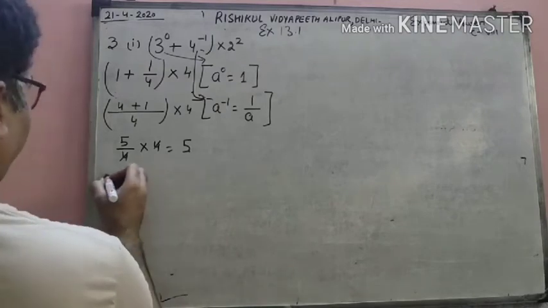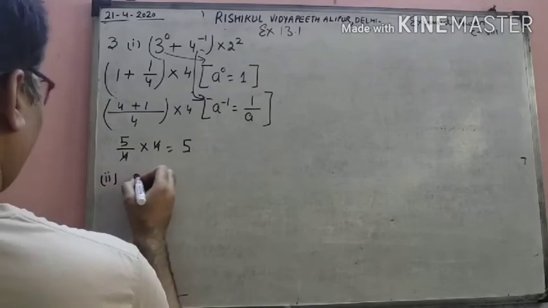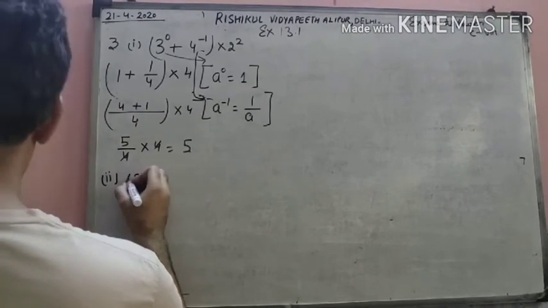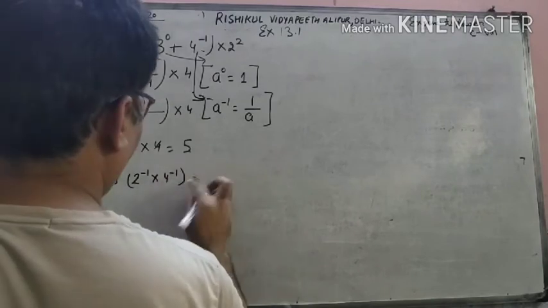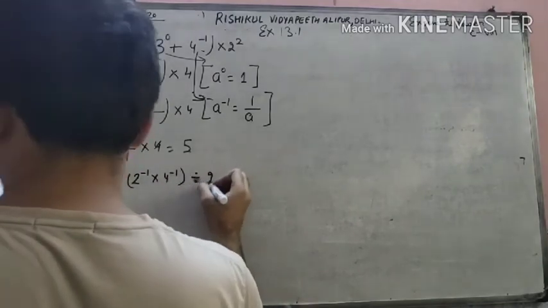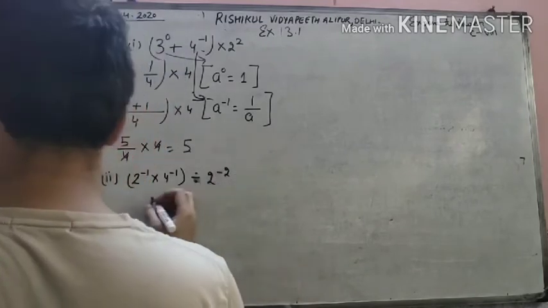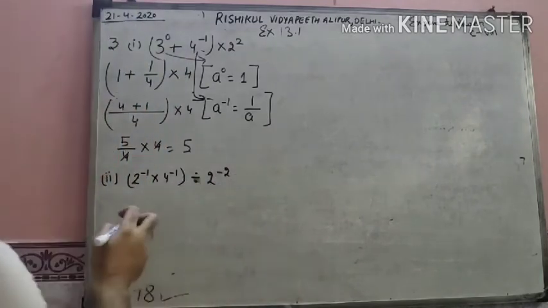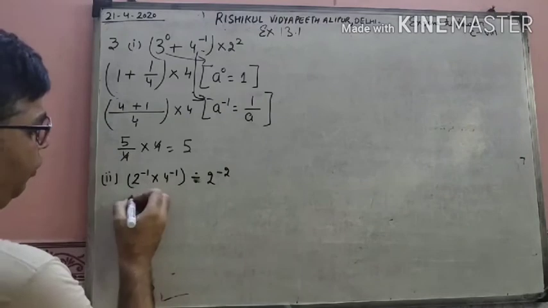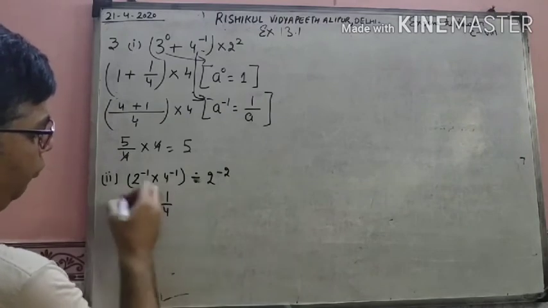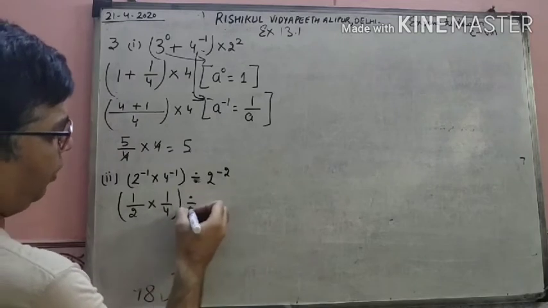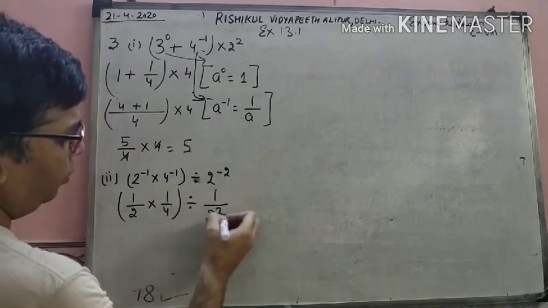Next one is the second part of this: 2 raised to power minus 1 into 4 raised to power minus 1 divided by 2 raised to power minus 2. So how can we write it? It can be written as 1 upon 2 into 1 upon 4, divided by 2 raised to power minus 2.